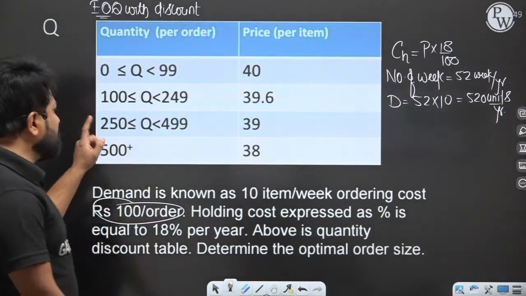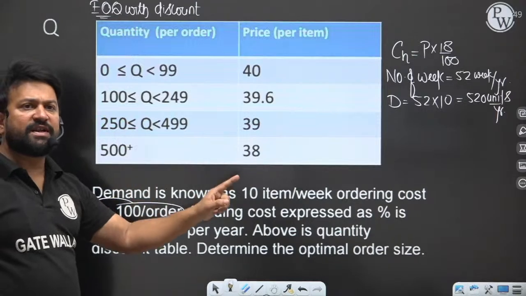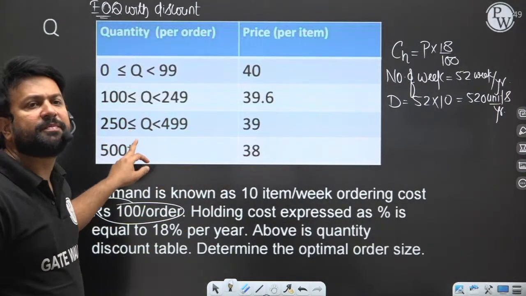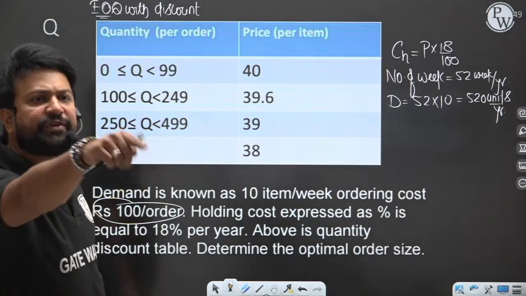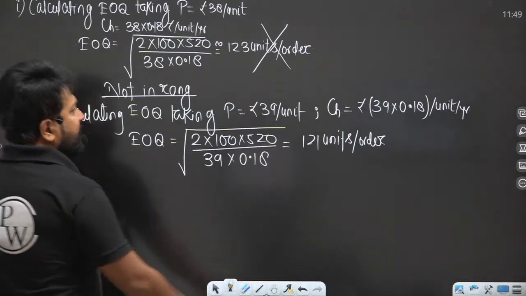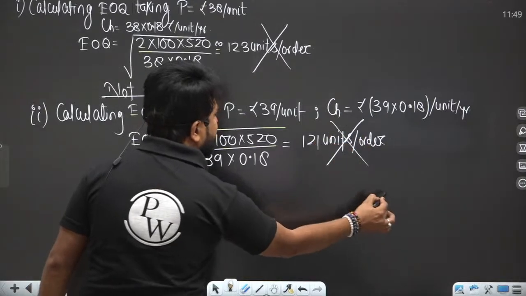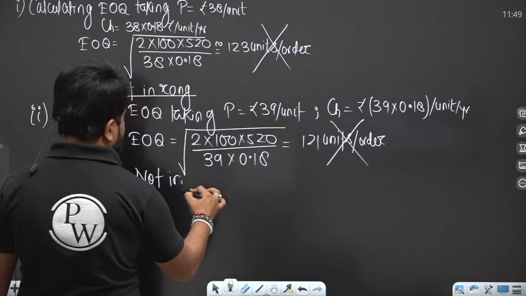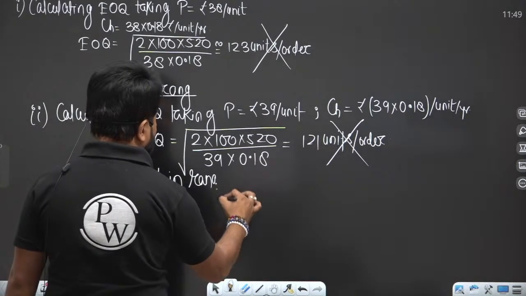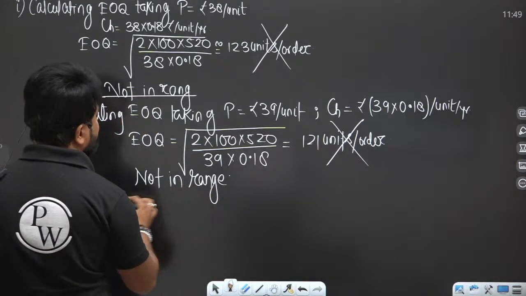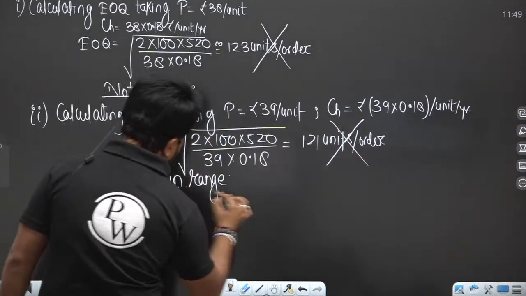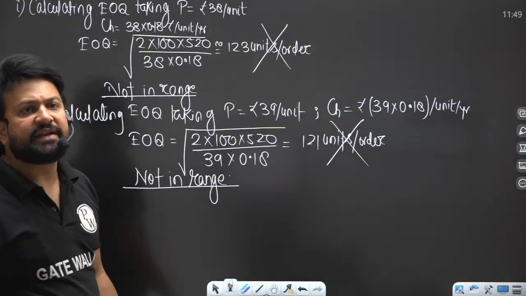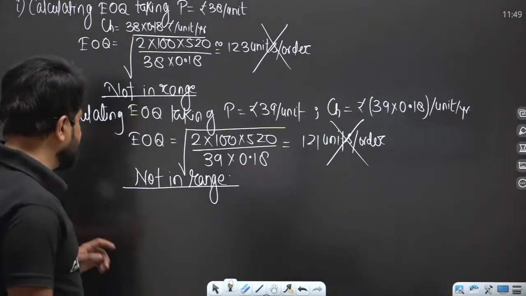No, because the wholesaler will give you the unit price of 39 only when your quantity is greater than or equal to 250. So again, it is worthless to find the total material cost. Not in range, my dear, at 39.